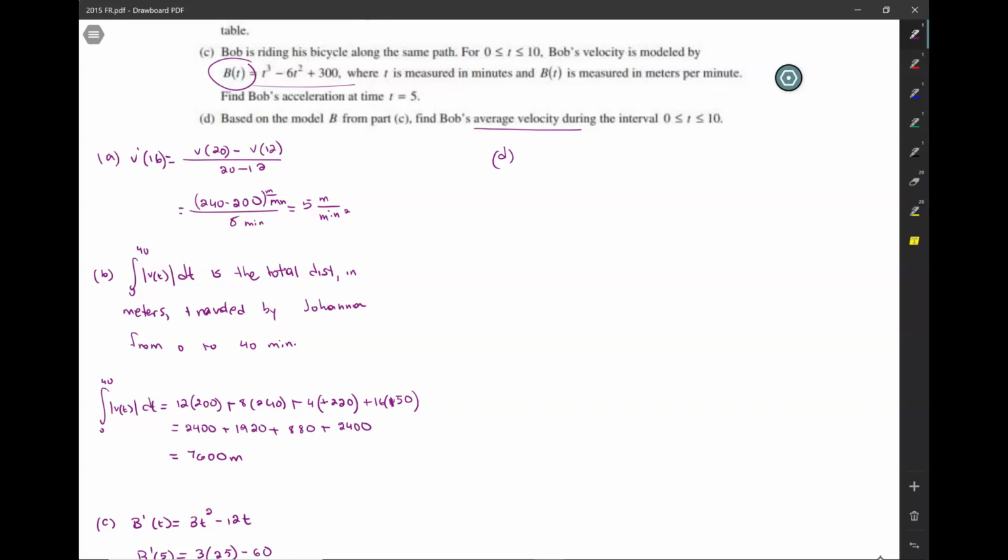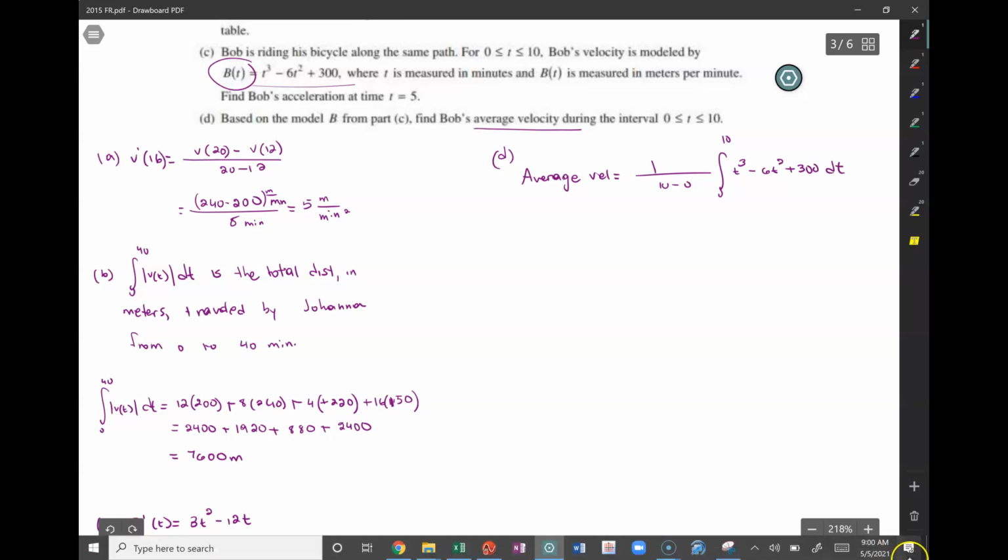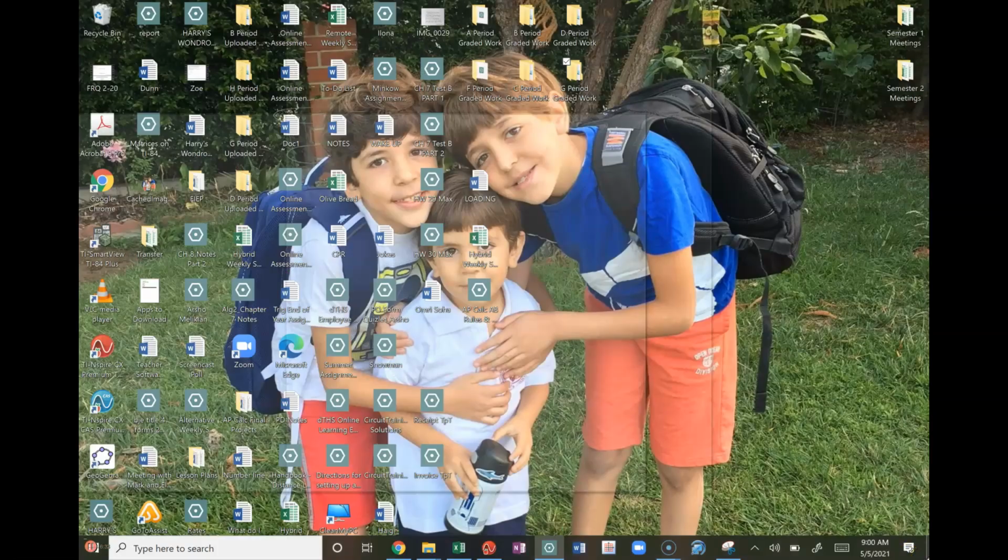So average velocity equals 1 over 10 minus 0, integral from 0 to 10 of the function t cubed minus 6t squared plus 300 dt. That's a formula you need to memorize. Given a function, the average value is 1 over b minus a, integral a to b.